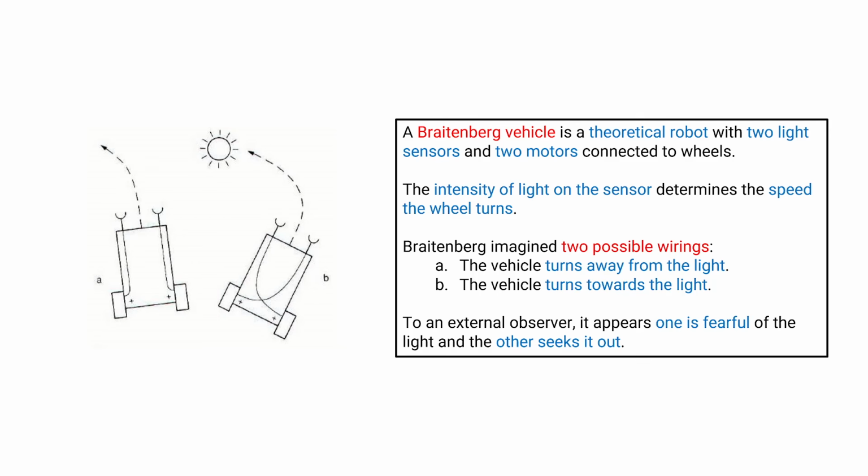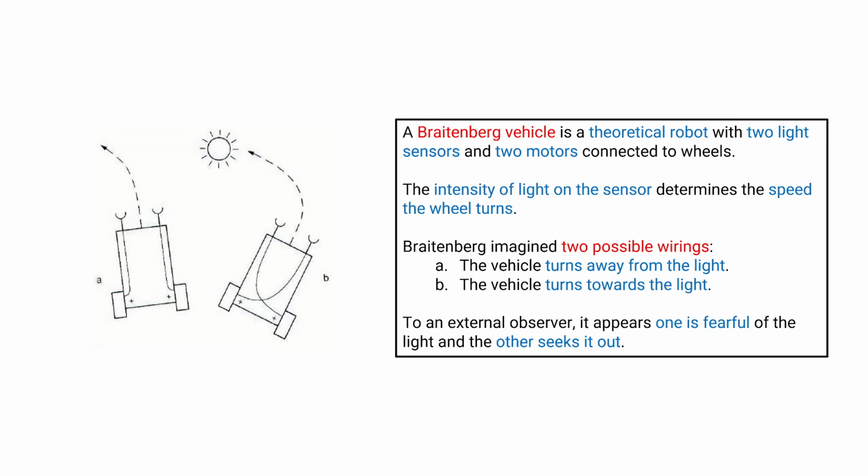We want to understand its behavior from an agent perspective. And so when we do that, we try and interpret these behaviors, not knowing how they're wired up on the inside. We would commonly say, so here to an external observer, we might say that one of them is fearful of the light, so robot A turns away from the light and tries to avoid it, whereas the other one, robot B, tries to seek it out, maybe thinks of it as something beneficial or a food source or something like that.